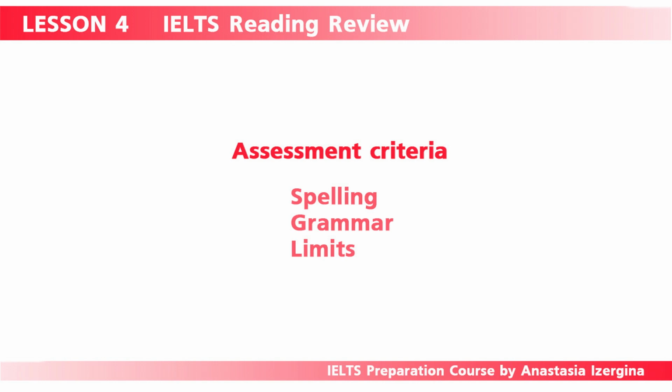You may wonder what the topics of the texts given in the reading module are. Actually, the topics vary from one passage to another. The texts are called passages. Passage 1, passage 2, passage 3, for example.